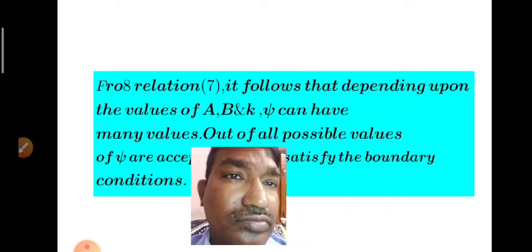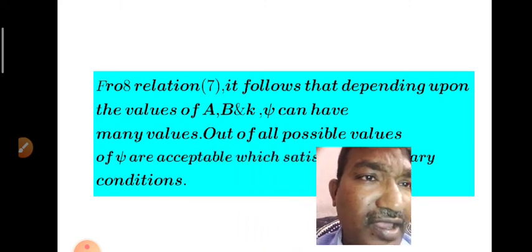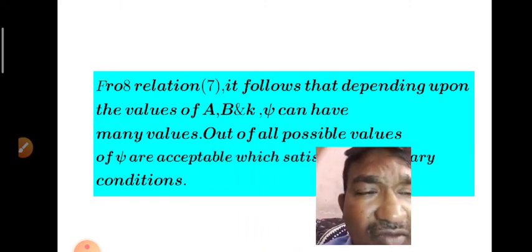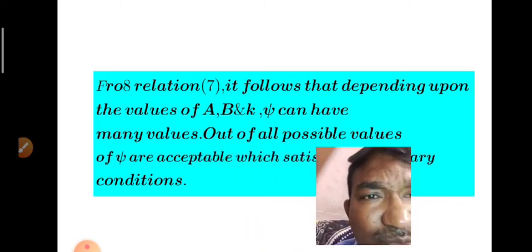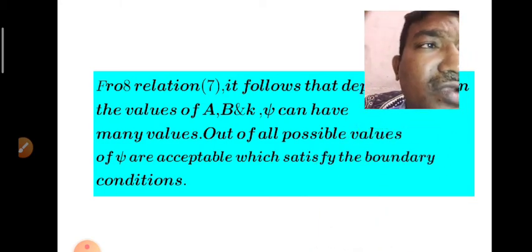From equation 7, it follows that depending upon the values of a, b and k, psi can have many values. Out of all possible values, psi are acceptable which satisfy the boundary conditions.